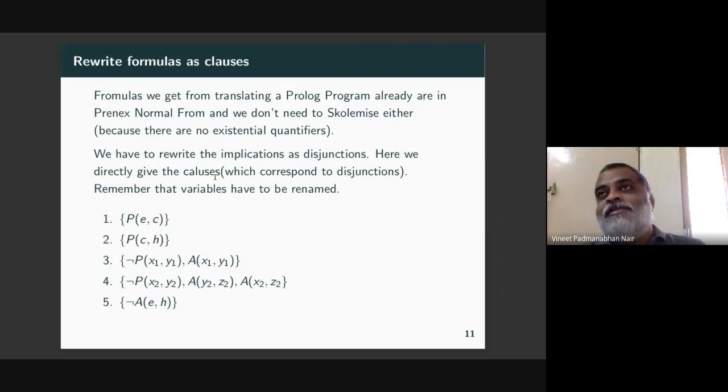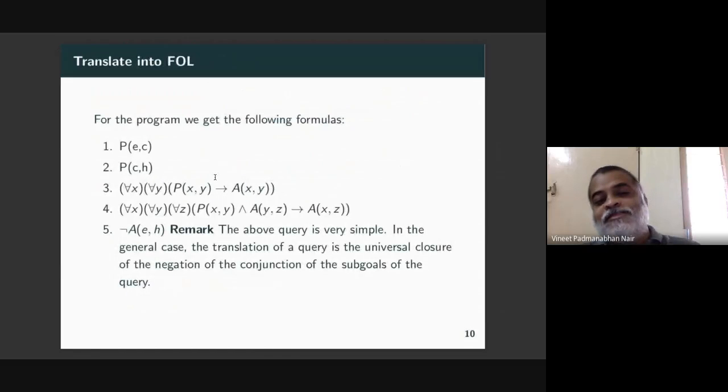All these things we learned in the previous class: first prenex normal form, then Skolemization, etc. But this slide is telling that translating a Prolog program already gives Skolemized formulas in prenex normal form. Only thing you have to do is to rewrite the implications as disjunctions.